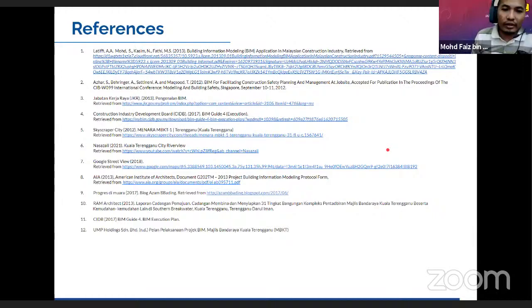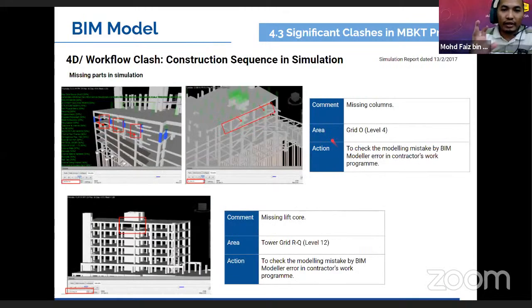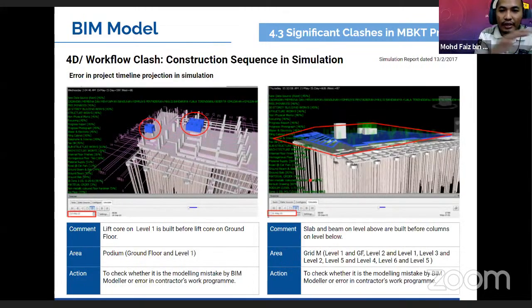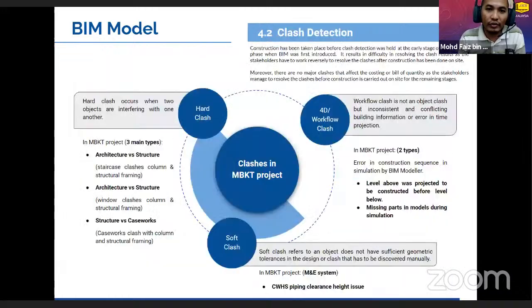The way you present the example of clash is good, but can you show the summary of the clashes throughout, from when to when, and what type of clash you can summarize? Do you have the data, or just a sample of data?